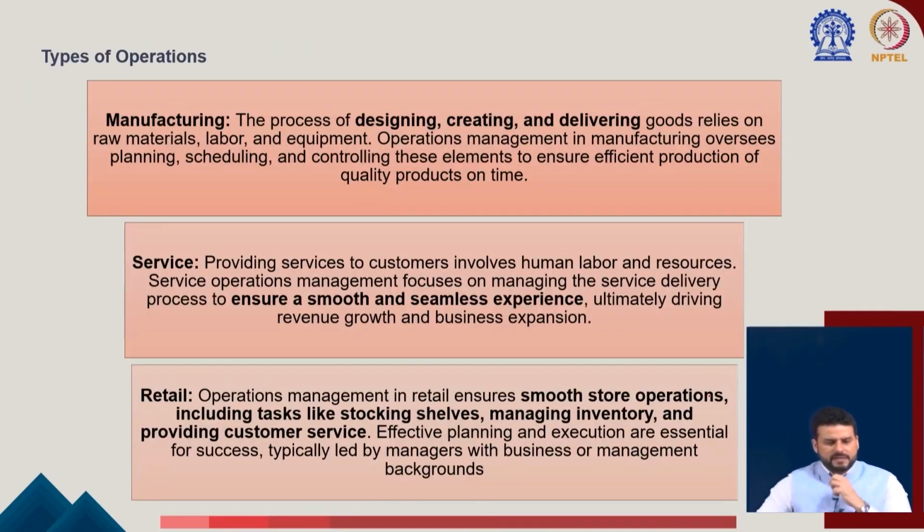So let's talk about different types of operations we are doing. First is manufacturing. Everyone is aware of what we are doing in manufacturing. We are designing the prototypes, then we are creating, then we are commercializing. After commercializing, we need to deliver those goods, products, services, whatever we have promised in the market, right?